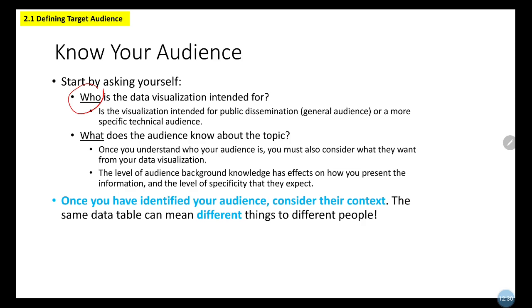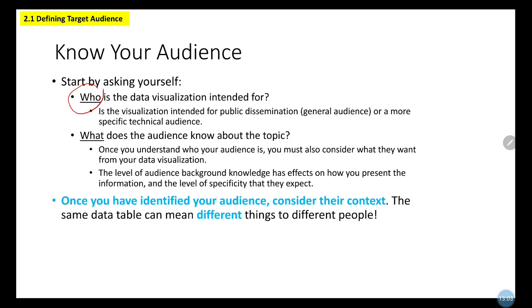If you are designing the visualization for a general audience, you have to make sure that there are many different levels of audience background, different levels of education background, their social skill level, because they will have different acceptance towards what you are presenting.